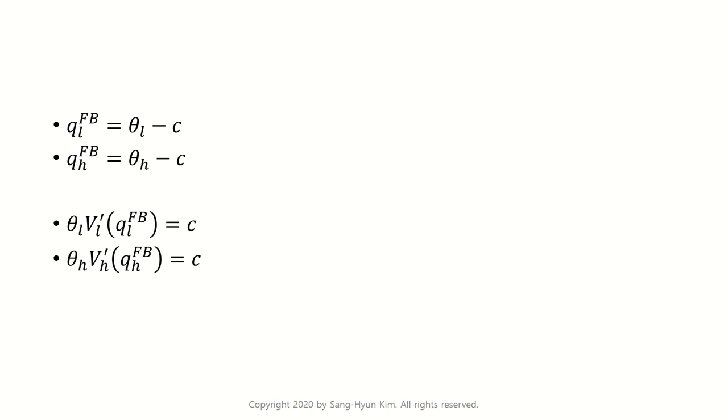So in the first best situation, the marginal benefit of consuming this good is the same as the marginal cost. It's the same for type L consumer and type H consumer, and this is the case when the information is perfect, which means the seller knows the buyer's type, or the buyer's willingness to pay exactly.